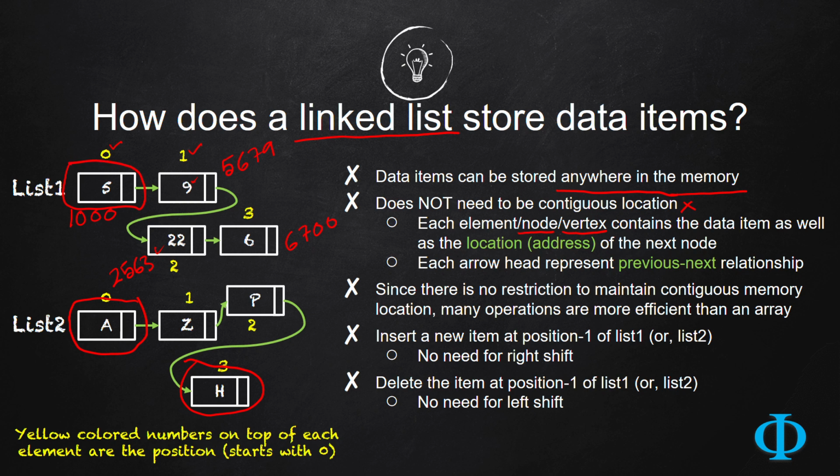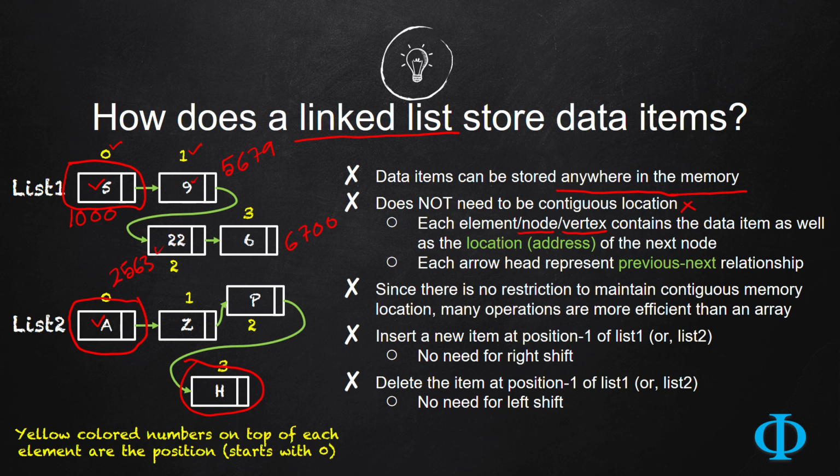So all these rectangles are called element, node, or vertex. Whenever you want to construct a linked list element, node, or vertex, you must have two different parts in it. The first part is the data item. That data item can be an integer, a character, a floating point number, or any type of data item.